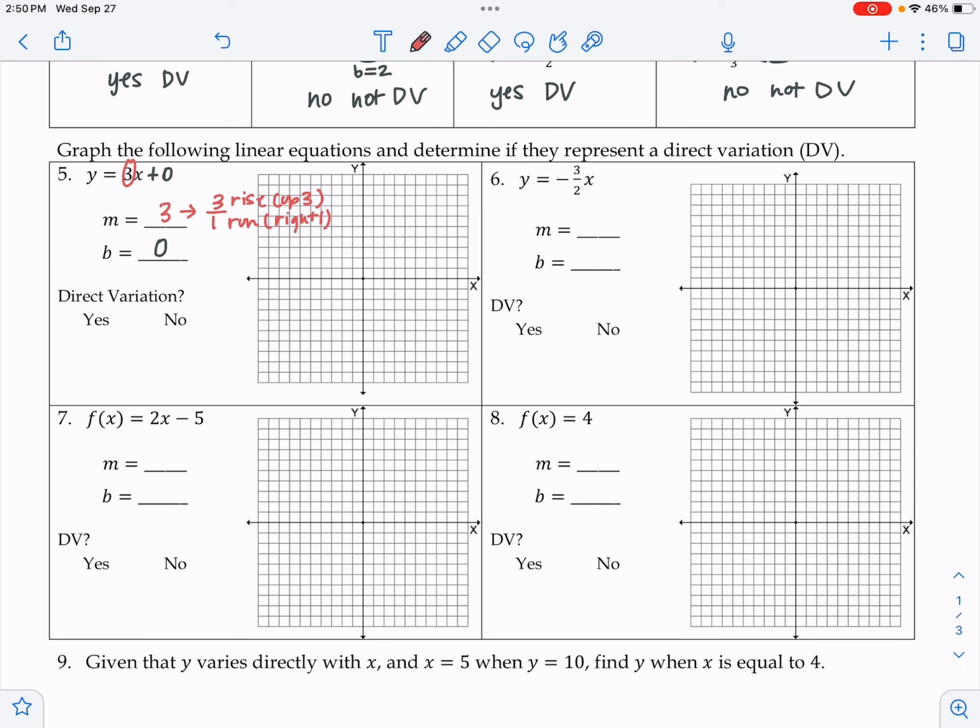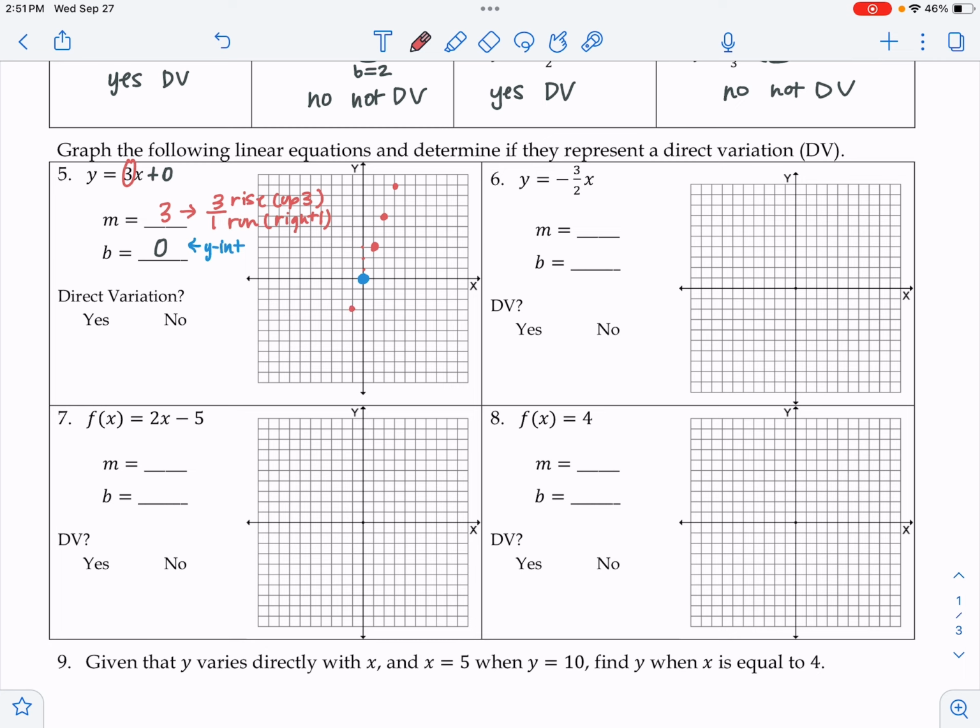And this is always from our y-intercept. So if our y-intercept is 0, it's right here at the origin. And then we can rise 3, run 1. Rise 3, run 1. Rise 3, run 1.